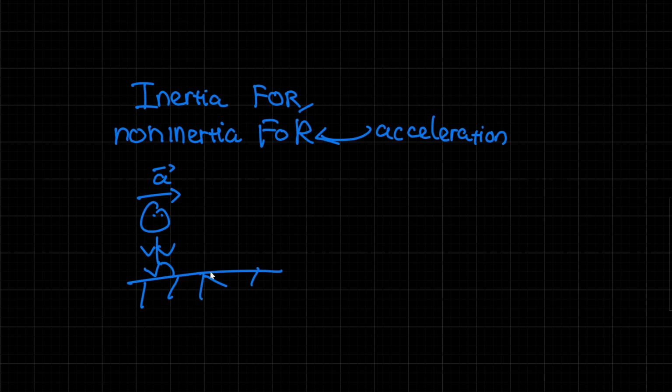It's staying still, but this guy is moving with an acceleration relative to the ground. So if you put your perspective in this guy's vision, then that's a non-inertial frame of reference.